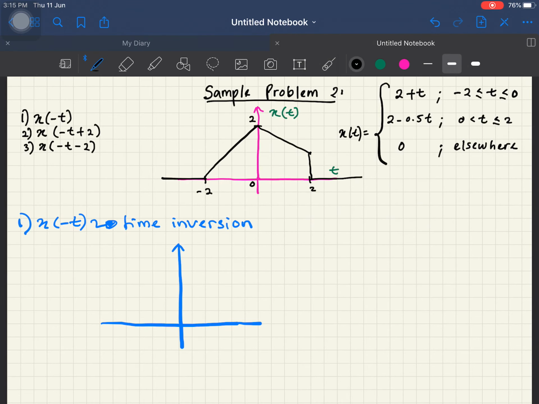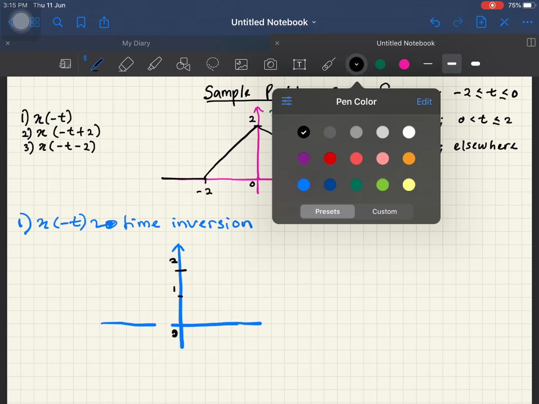If we are to draw this, the amplitude will remain the same, 1, so you have 2 and you have 1. Because you invert, the left hand side will go to the right hand side.